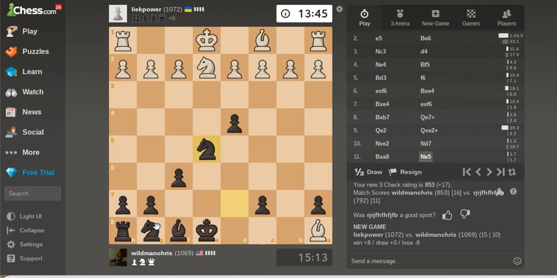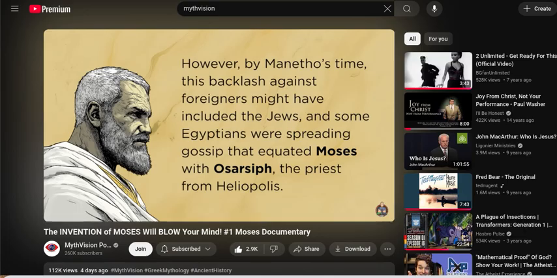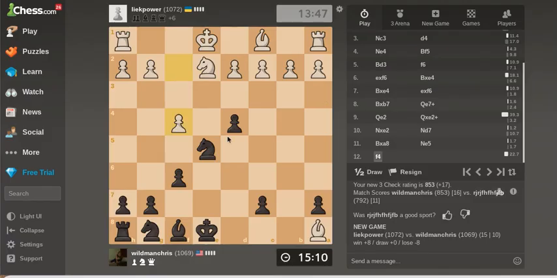However, by Manetho's time, this backlash against foreigners might have included the Jews, and some Egyptians were spreading gossip that equated Moses with Osarseph, the priest from Heliopolis. Manetho himself does not appear to know anything about Moses or Judea beyond what can be found in Hecataeus' earlier account.